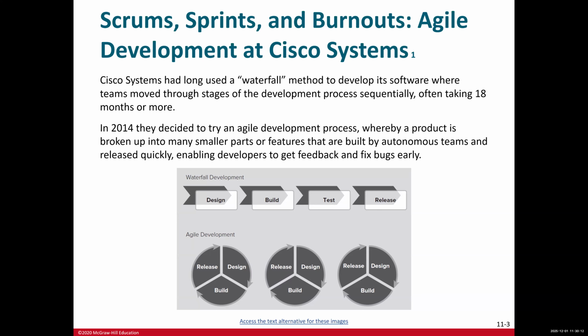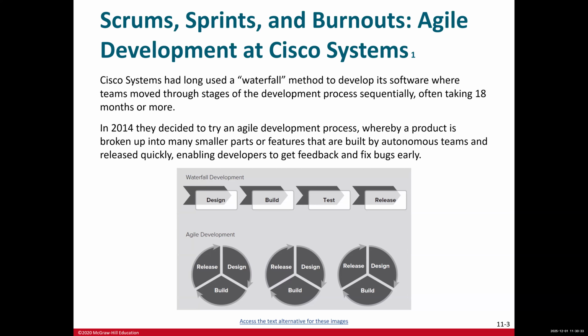In the agile methodology, individual teams are given the autonomy to work on specific features, whereas in the waterfall approach, we do not have such autonomous teams, right?